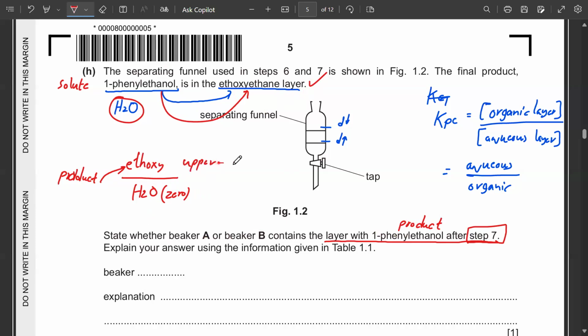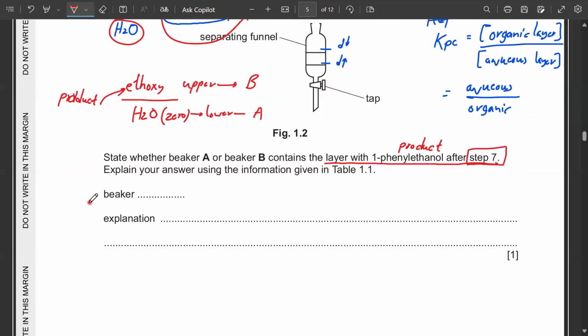The upper layer is put in beaker B, and the lower layer is put in beaker A. So what would you give as the answer? B, exactly.